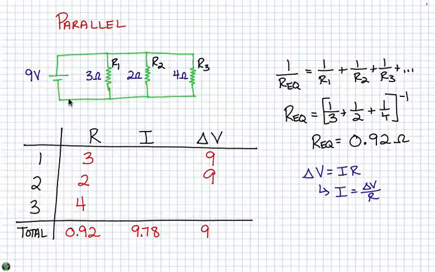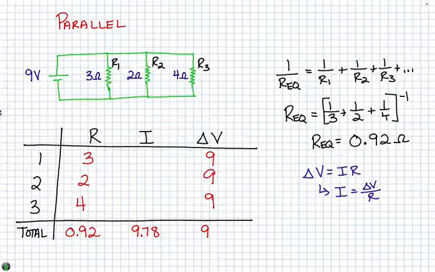And if I'm an electron leaving this side and I choose to go through the path that includes resistor 3, once I return to the other side, I've only passed through this one resistor. Again, I have 9 volts to spend, and I have to spend all of it. So if I pass through one resistor, I have to spend all 9 at that resistor. So hopefully you're beginning to see, in parallel, the voltage will be the same.